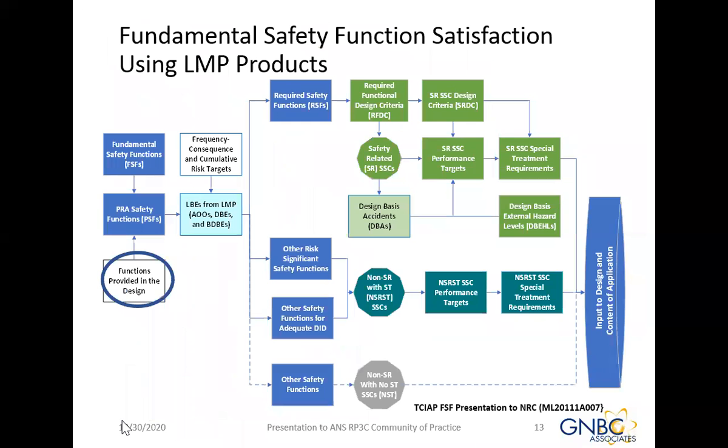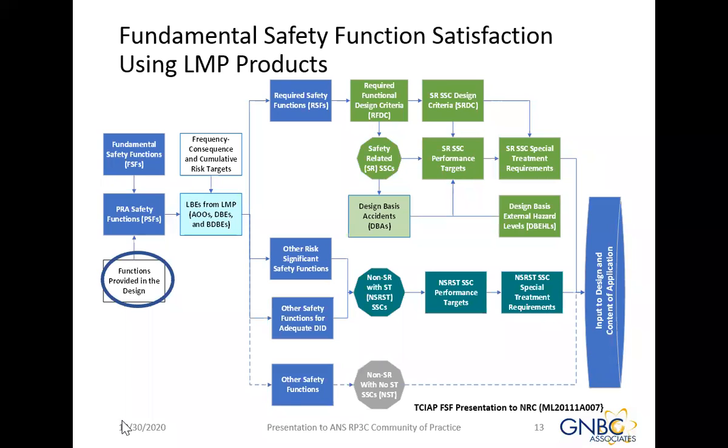Okay, if I may move on to the more substantive stuff. This is a figure that was developed from some TCAP work earlier this year, and it's not in 1804, to try to focus on inputs and outputs of the LMP process as they relate to products that have to be generated within the design process.